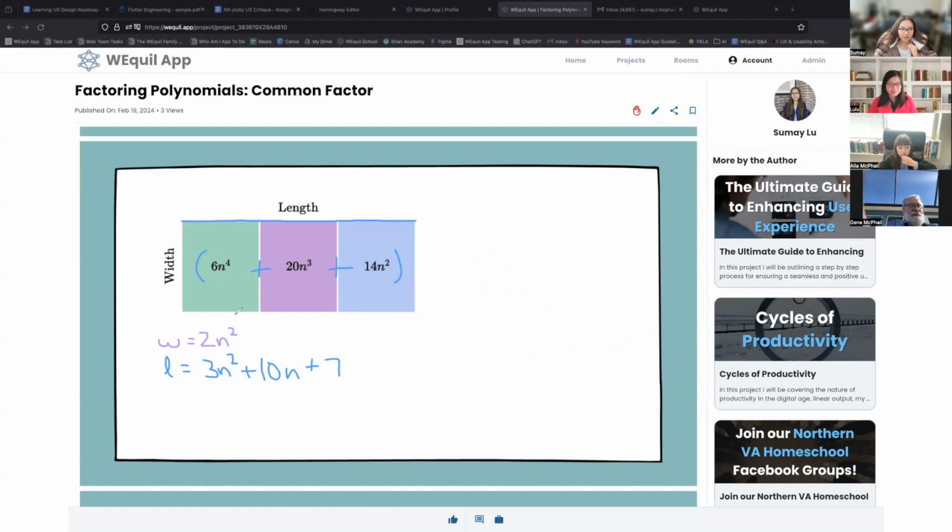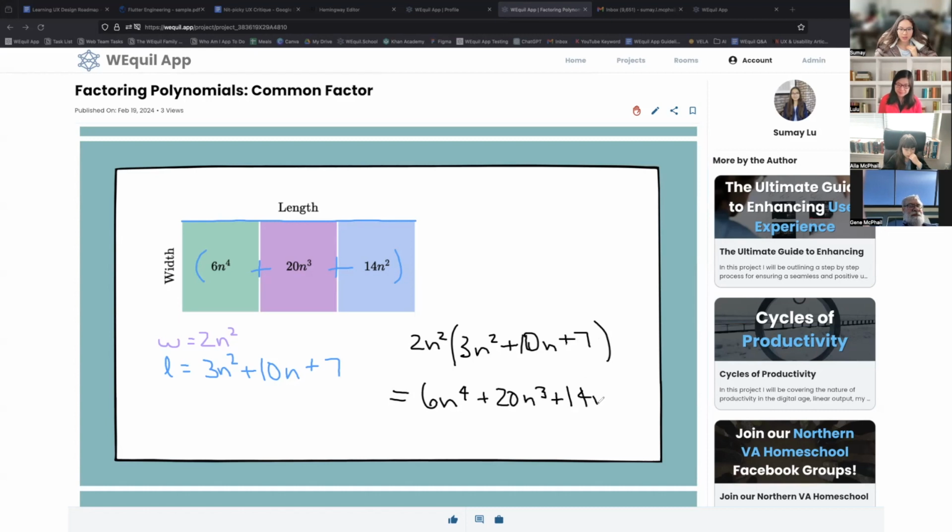Yeah. Okay. So now if we were to write out our final expression, it would be 2n squared times 3n squared plus 10n plus 7 is equal to 6n to the power 4 plus 20n cubed plus 14n squared.